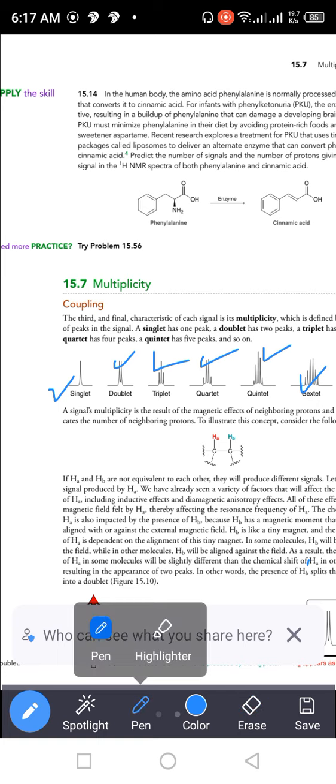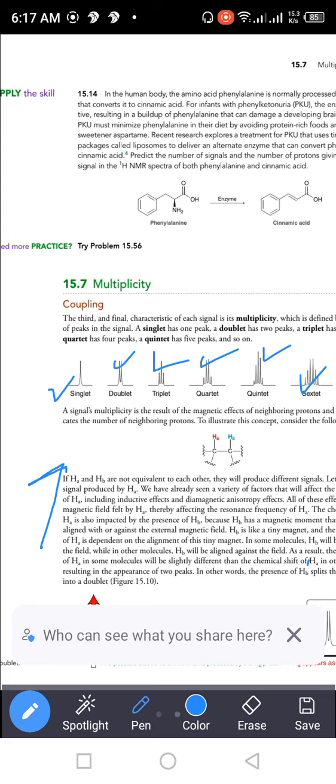Now we talk about the HA proton being aligned with the magnetic field or against the magnetic field. With the magnetic field is represented like this, and against the magnetic field like that. So the HA proton now has two possibilities, against the magnetic field direction and with the magnetic field direction. So we write that the signal for this proton is a doublet, two peaks.